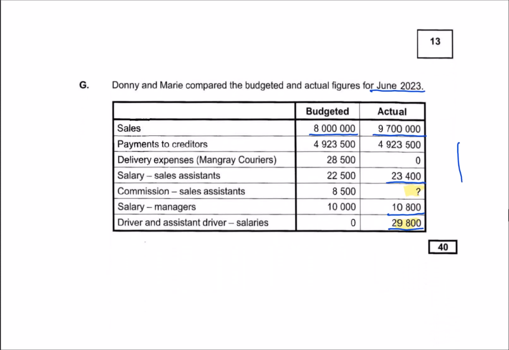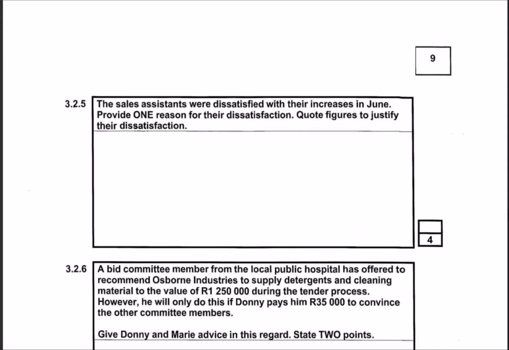So when you come to your answer, the manager increase, it's always in terms of percentage, that is 800 over 10,000 times 100 over 1. 800 divided by 10,000.